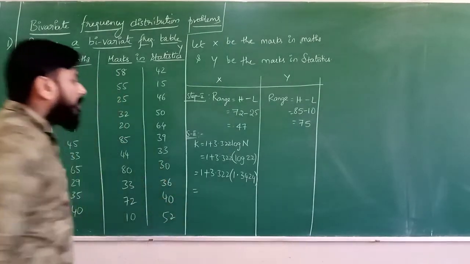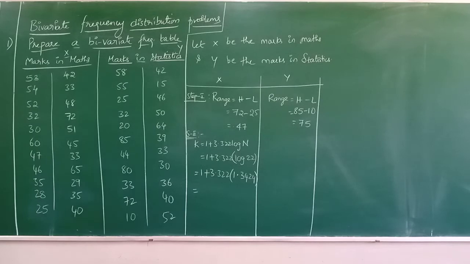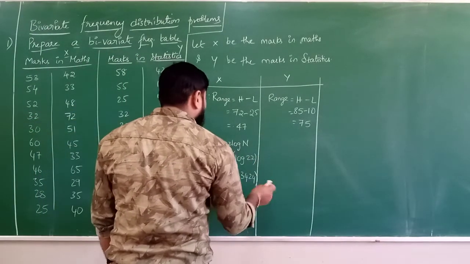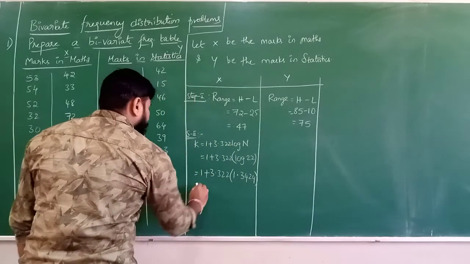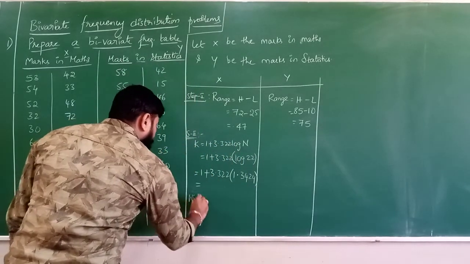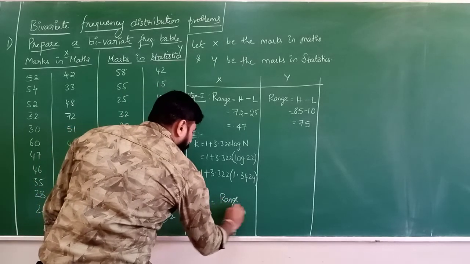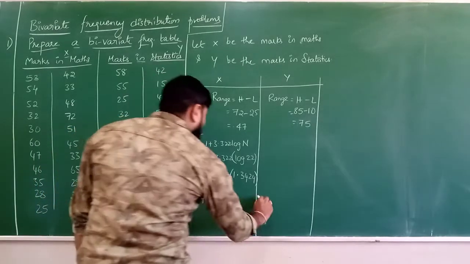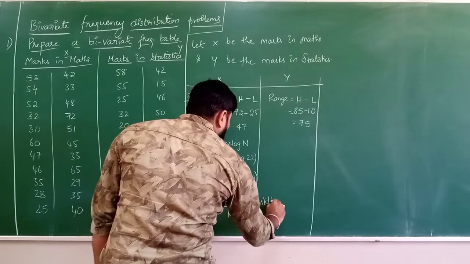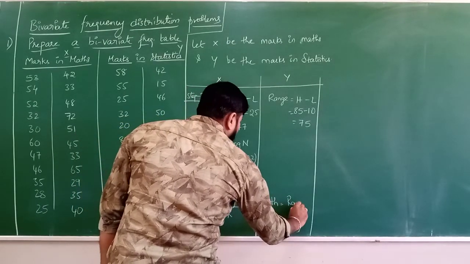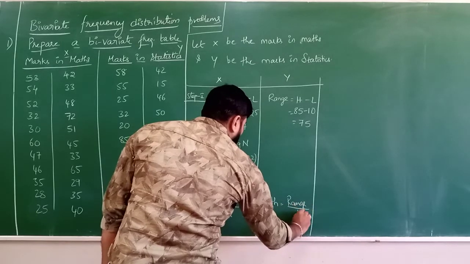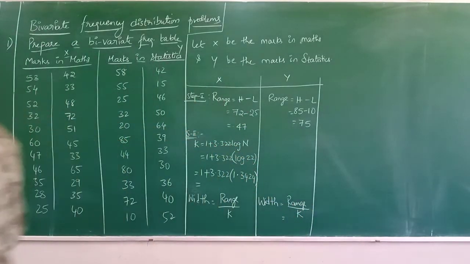Now multiplying both, 1 plus 3.322 into 1.3424, we will see the calculation later. And then width equals range divided by number of classes. Here also, width equals range divided by number of classes.